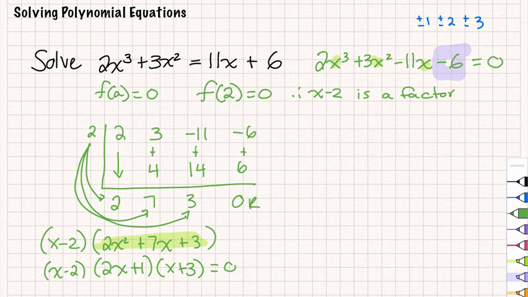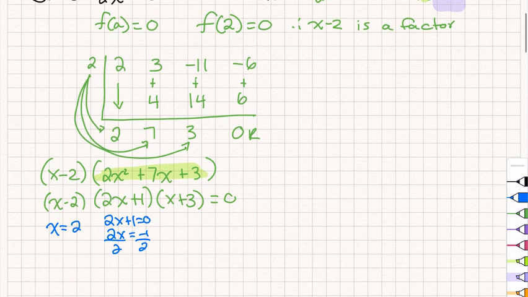So we're not done yet. We're asked to solve. So we need to state the values of x. So we're going to have x is equal to 2. And then here, 2x plus 1 equals 0. So if we divide both sides by 2, x is equal to -1/2, as well as x is equal to -3.